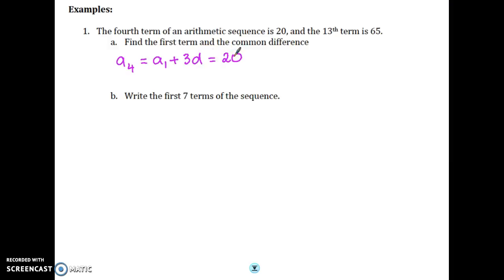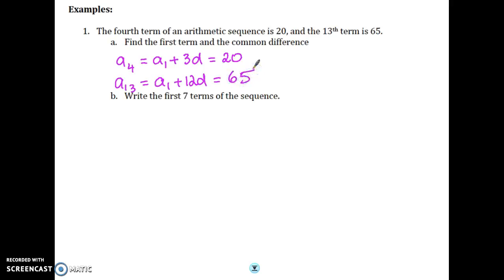And the 13th term is equal to 65, so the 13th term can be written as the first term plus 12 lots of the difference, equal to 65.